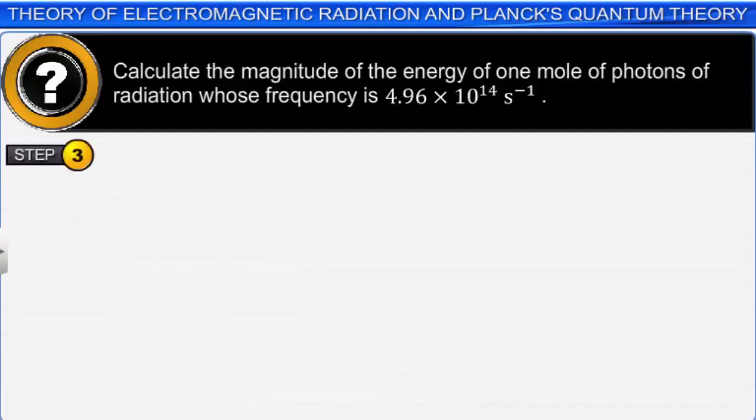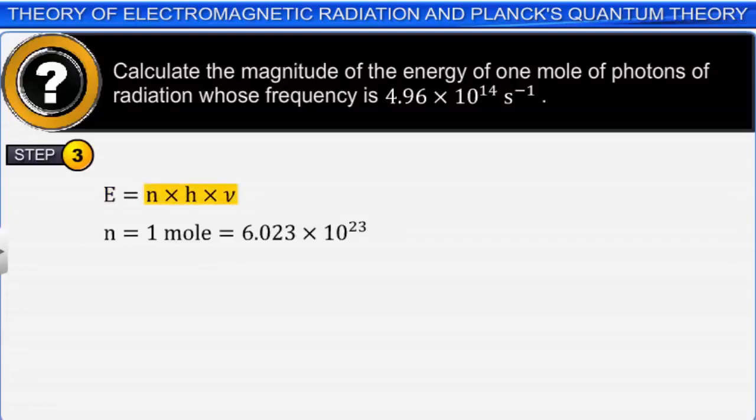The third step involves writing the expression to calculate the energy associated with 1 mole of photons. That is, E equals N h nu. Here, N is equal to 1 mole, that is 6.023 × 10^23.